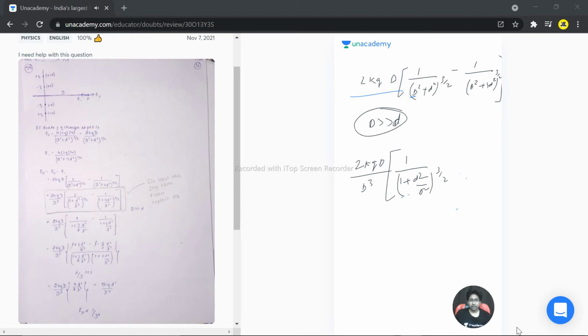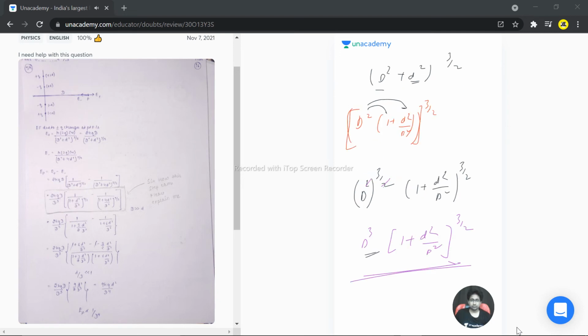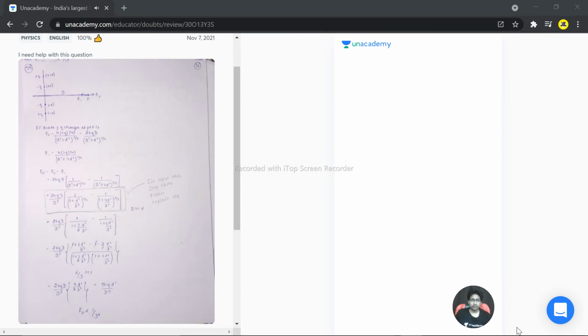Now again, let's solve this part. Here we have D square plus 4d square raised to the power 3 by 2. Let's solve this. I'm taking D square out again, so we are getting (1 plus 4d square by capital D square) whole raised to the power 3 by 2, correct?